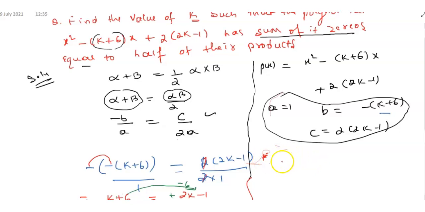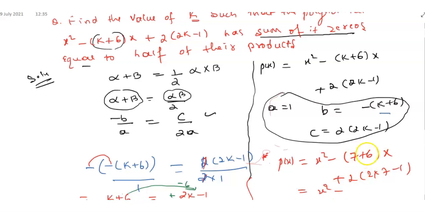Here your p of x will turn out to be x square minus 7 plus 6 x plus 2 into 7 minus 1. Your polynomial will become x square minus 13x plus 2 into 13, that is 26. Your polynomial will become like this.